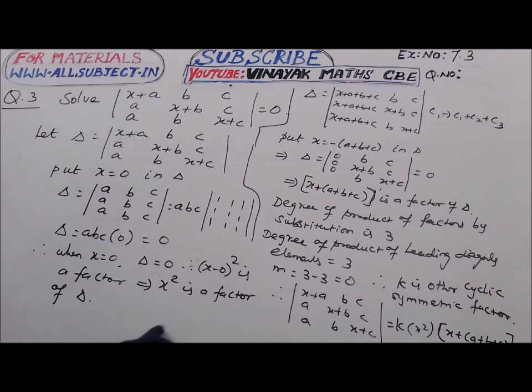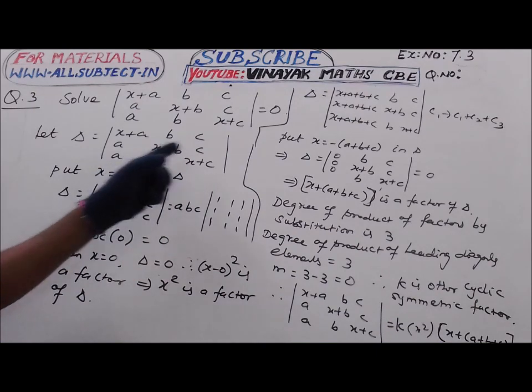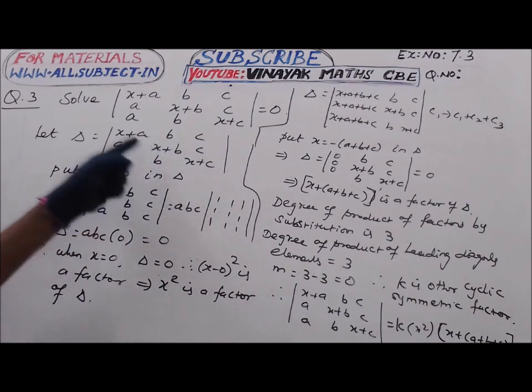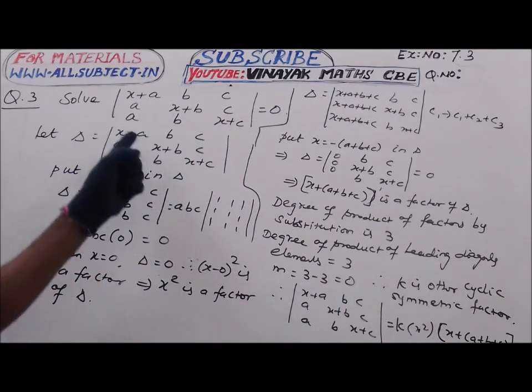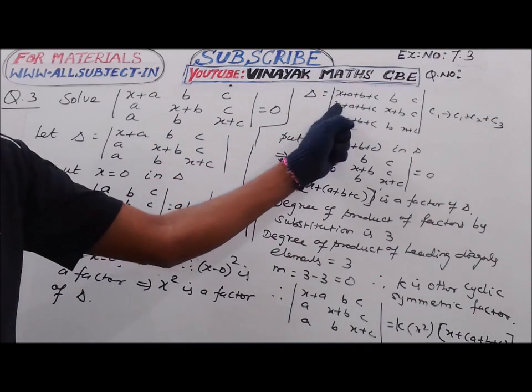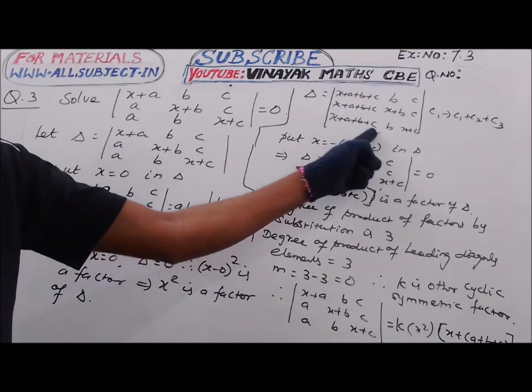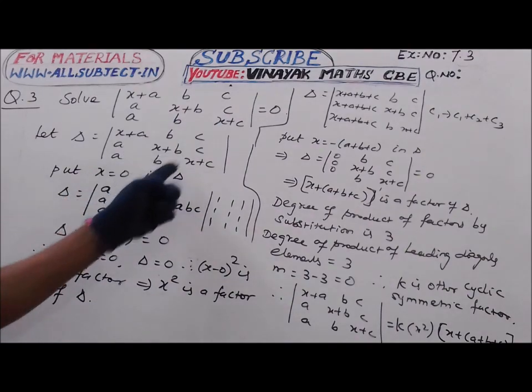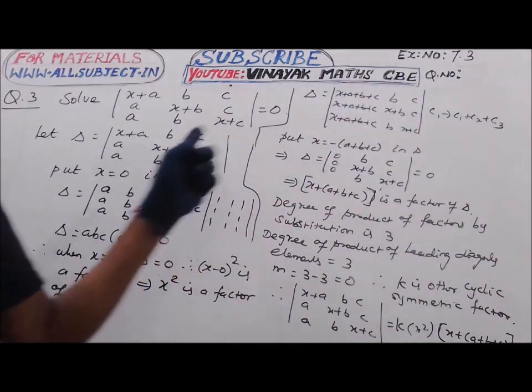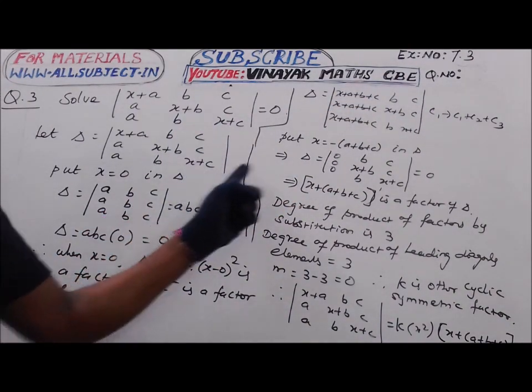And now, moving to delta and simplifying it, adding all the columns and writing in column 1, we will get x plus a plus b plus c, x plus a plus b plus c, x plus a plus b plus c in the first column, and the remaining written in the same manner, b, x plus b, b, c, c, x plus c.